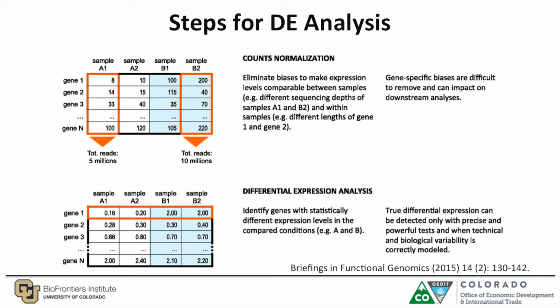Some programs do better jobs normalizing across many of these, whereas others stay fairly simple and just do some normalization across the total number of reads. And lastly, you have to perform your differential expression analysis. And this would be, again, where you're setting some test statistic and determining whether your expression levels are statistically different between those two conditions.